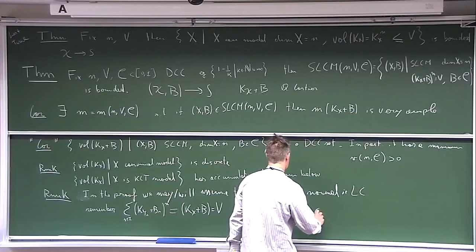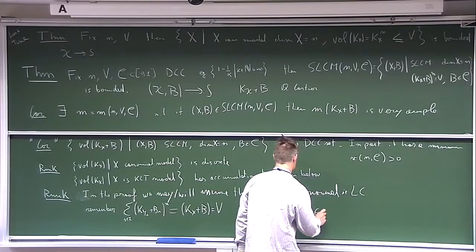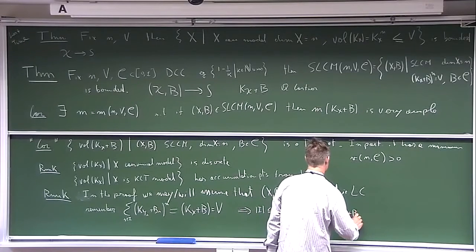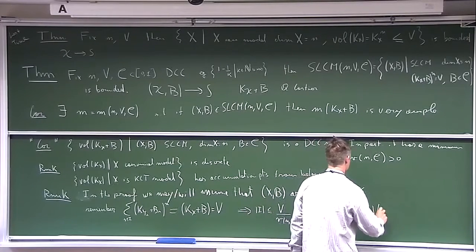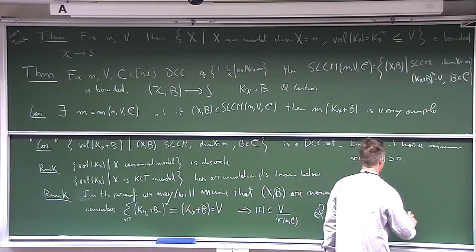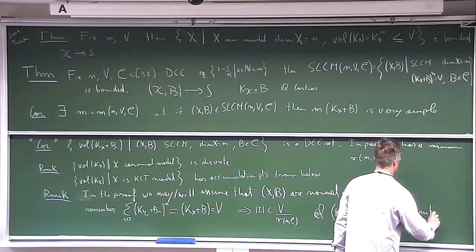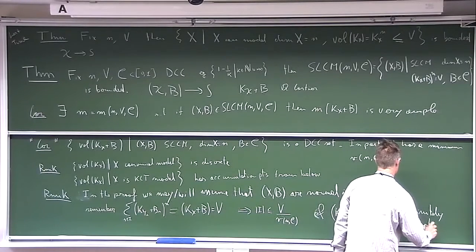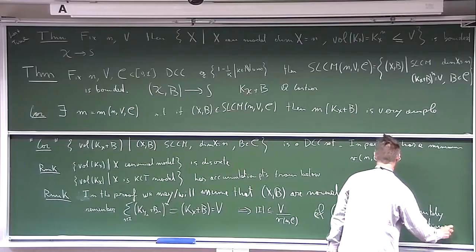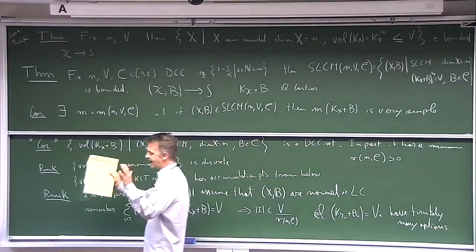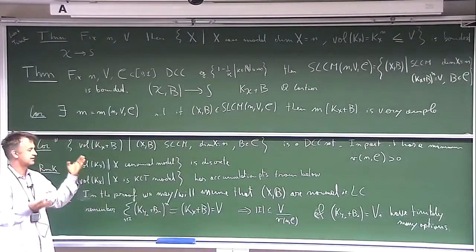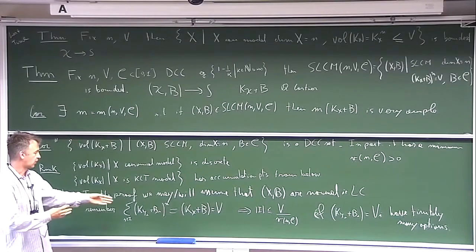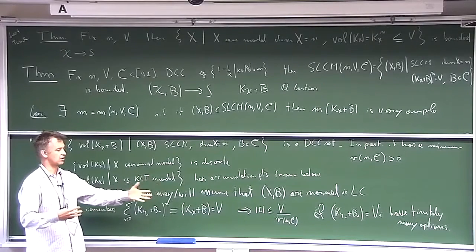And the individual volumes, if I call it capital V_i, have finitely many options. And then I wave my hands a bit because there's a recipe of Kollár that tells you that you can glue these components back together to obtain the semi-log canonical model.